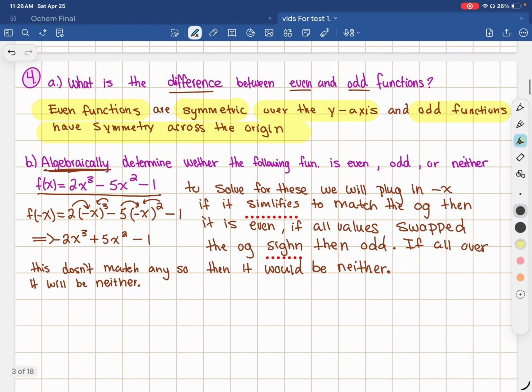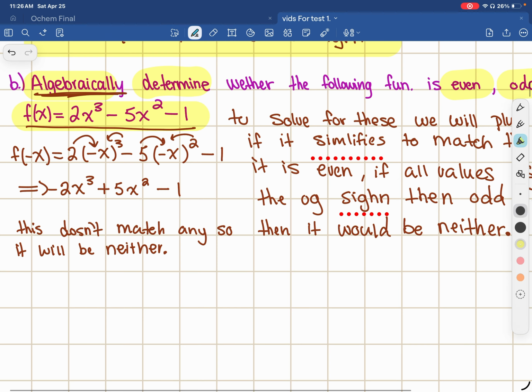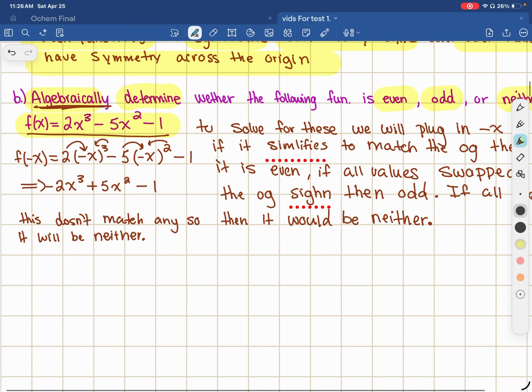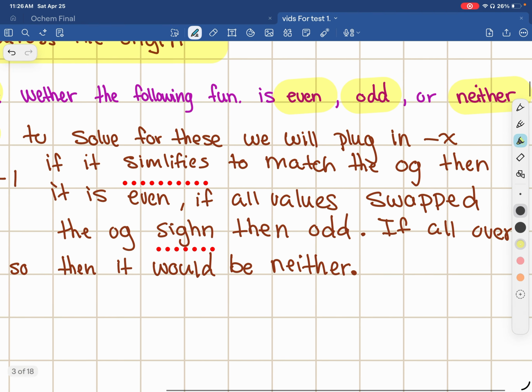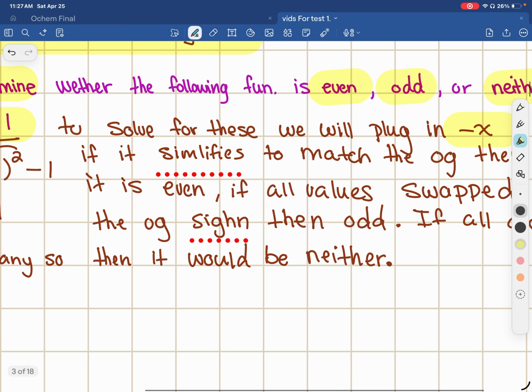To figure this out algebraically, this question asks, determine whether the following function is even, odd, or neither. So first, let's analyze the function that is given. Looking at this, we're immediately going to have to break some things down to get things working. To solve these types of problems, we will plug in negative x. The way that we do this is to see if it matches up with something or not.